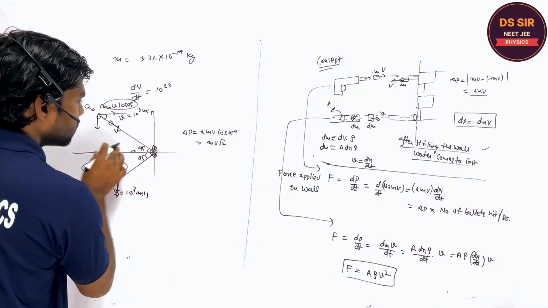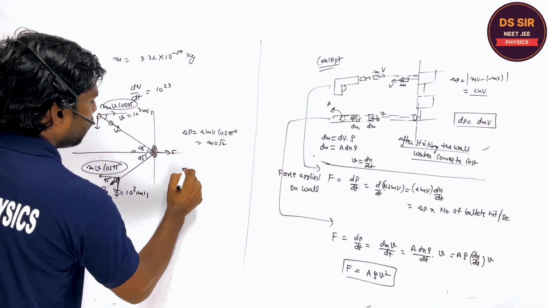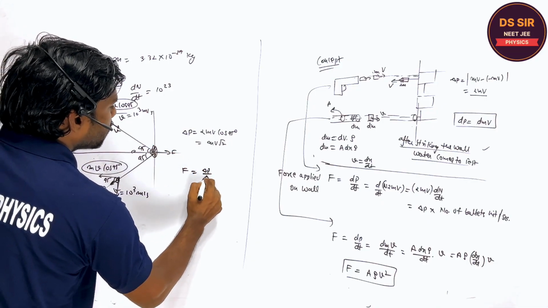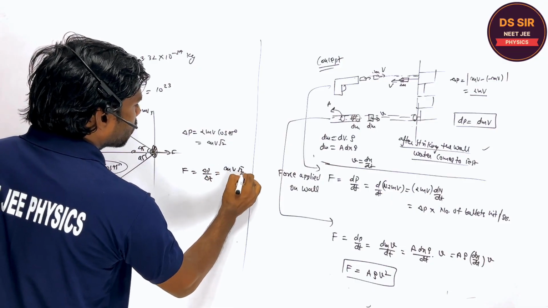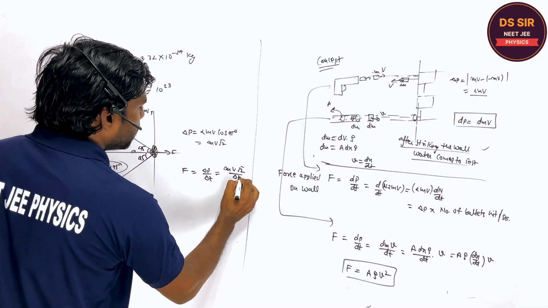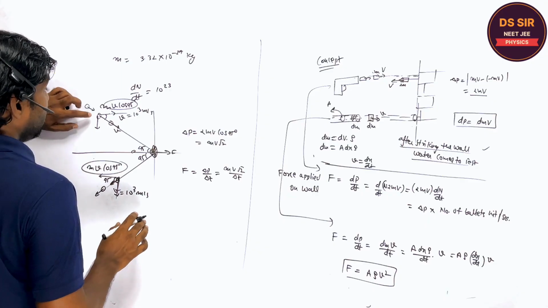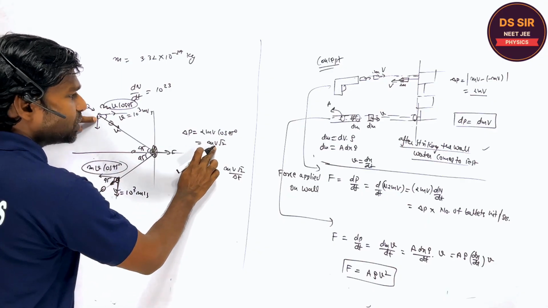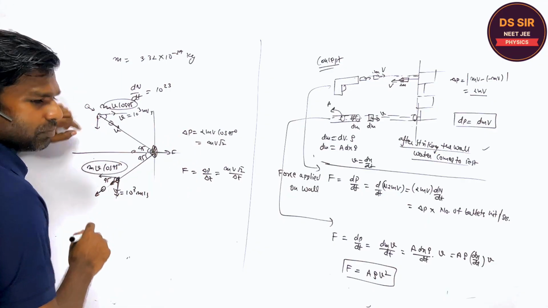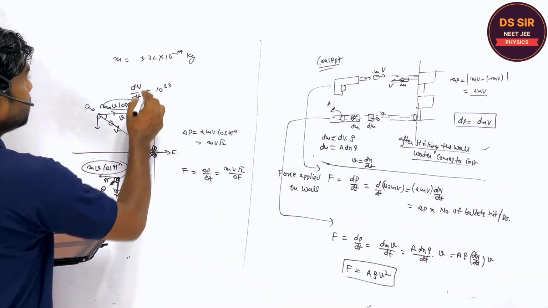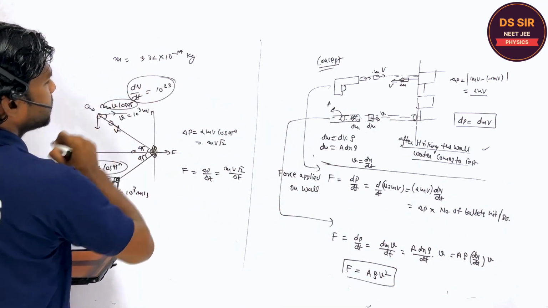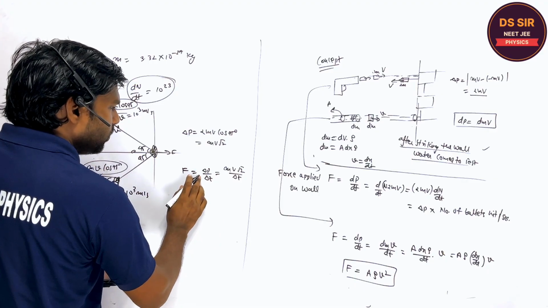So what is the force? What is the force applied on it? Force applied is change in momentum per unit time, dp upon dt. So m into v root 2 upon dt. Listen one thing. This is the change in momentum of one ball, but according to the question, dn upon dt is given, meaning you have to multiply.